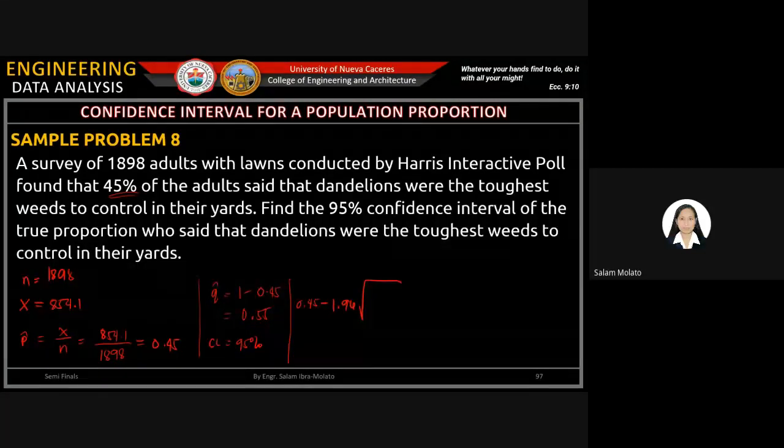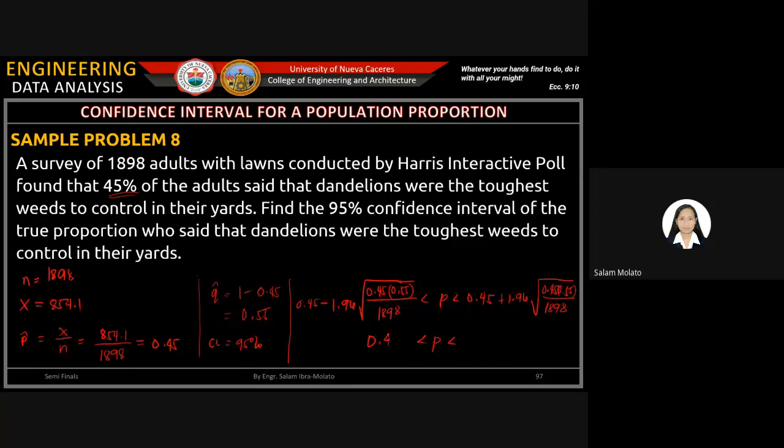Square root of p-hat 0.45, q-hat 0.55 over n, that's 1898. 0.45 plus 1.96 square root of 0.45, 0.55 over 1898. So you can get now the interval. So please check if this is correct.